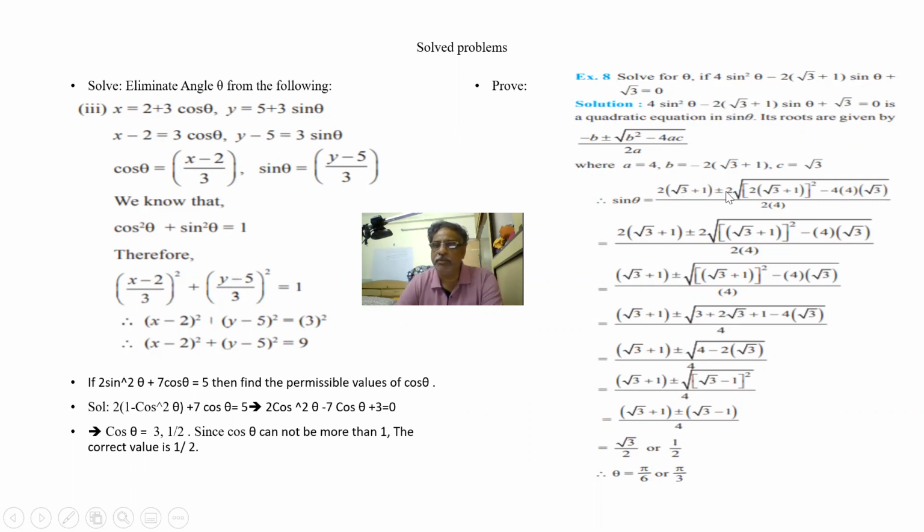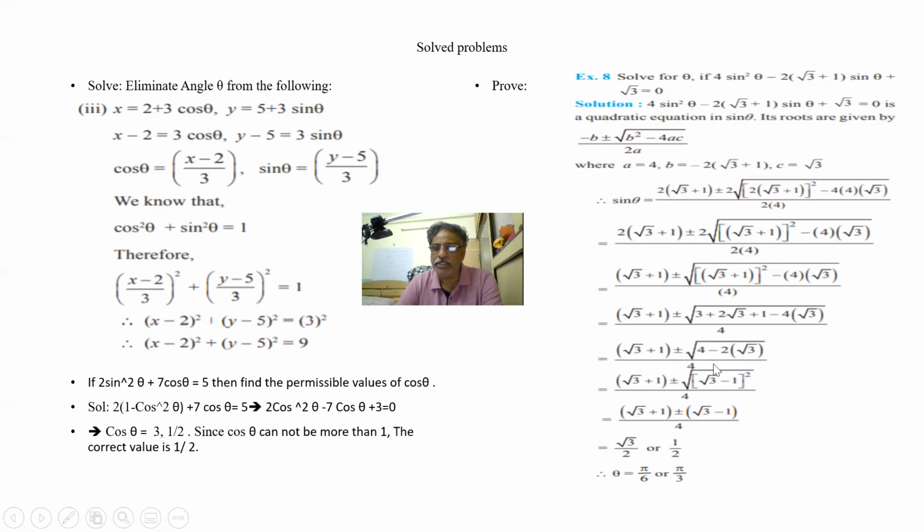So x is minus b plus or minus square root of b square minus 4ac by 2a. Because 2 is outside, we put it outside itself.